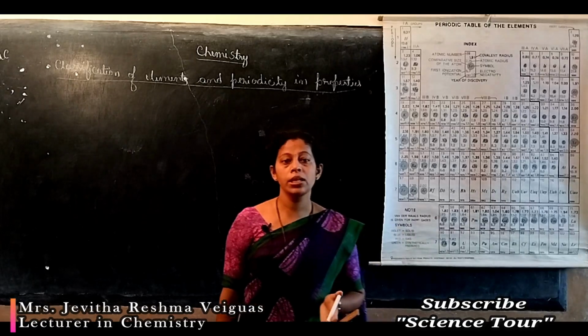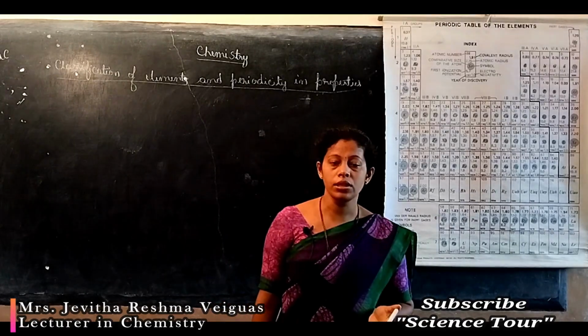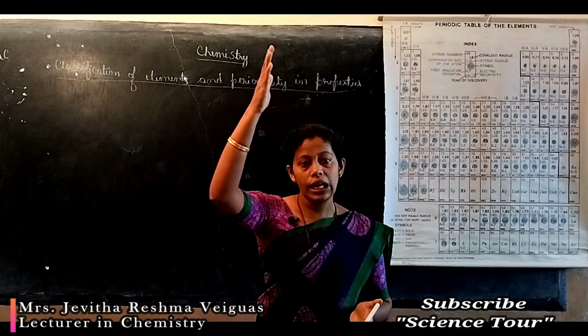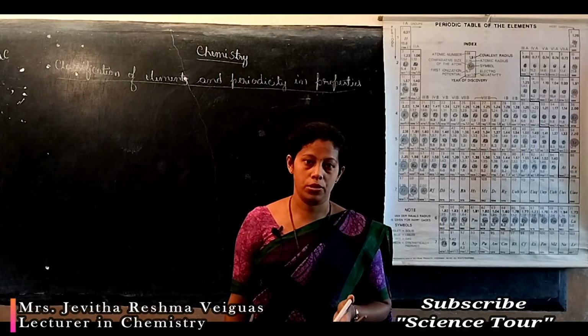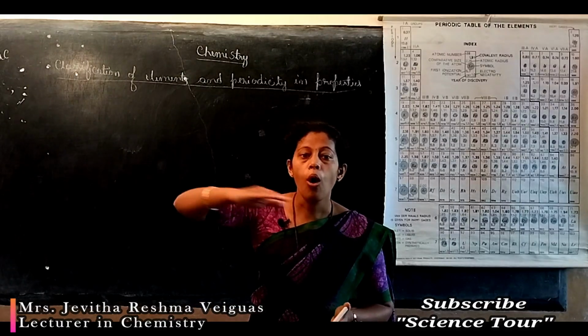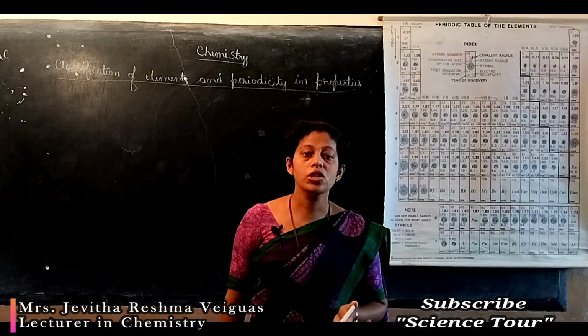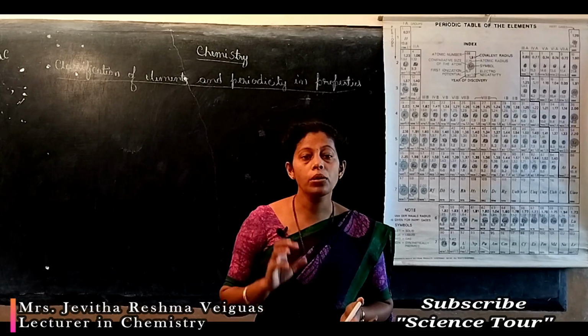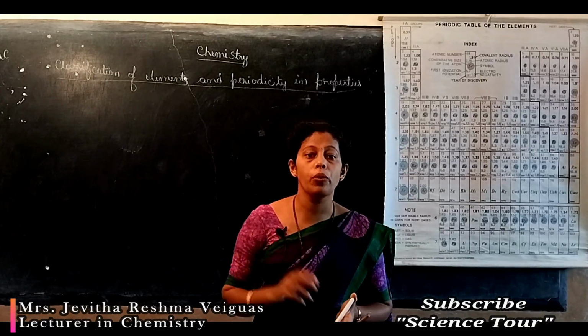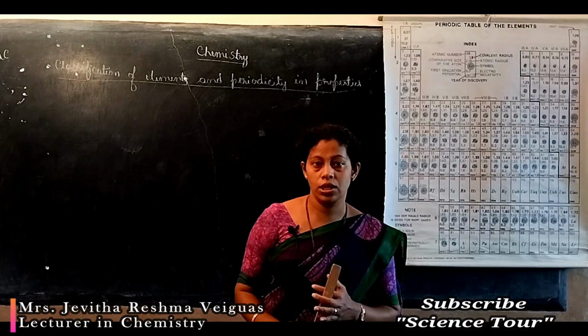In the modern periodic table, we have elements arranged in 18 vertical columns. Those columns are called groups, and there are 7 horizontal rows which are called periods. Today let us study about this period wise and group wise classification in detail.